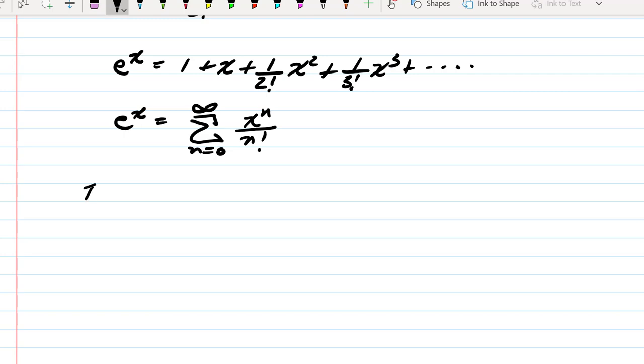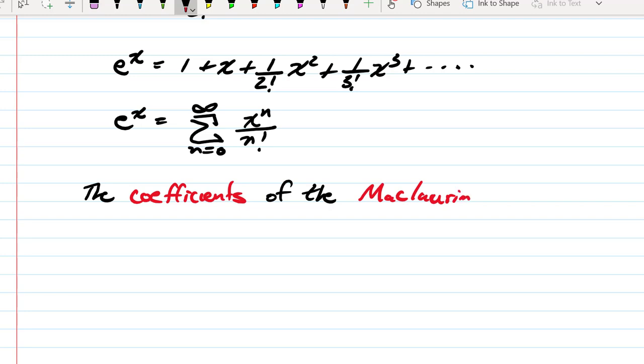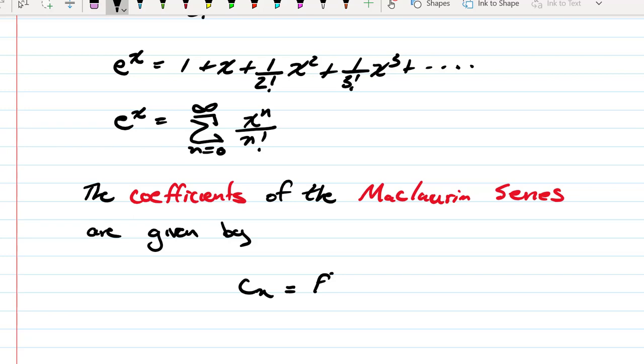The coefficients of the Maclaurin series are given by c sub n is equal to the nth derivative evaluated at 0 divided by n factorial.